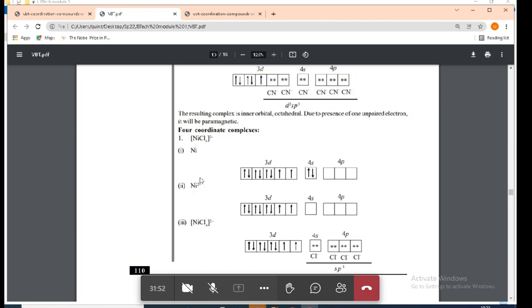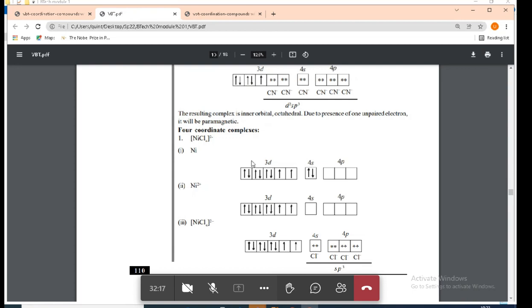In [NiCl4]2-, there are 4 chlorides, so 4 minus. Nickel x, that is x minus 4 equals minus 2, so x is plus 2 oxidation state. So 3d8 remains here, and you have chloride ions.